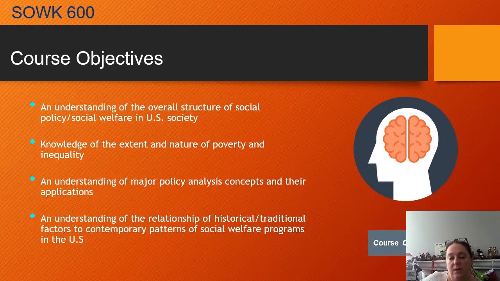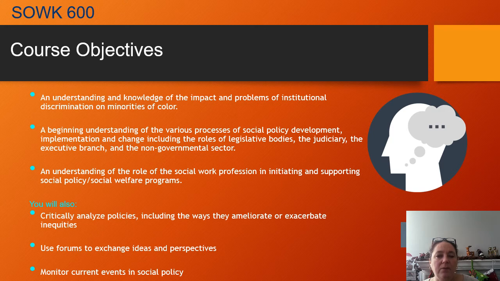And we're also going to want to get an understanding of the historical or traditional factors that played a part in creating our current social welfare programs. Again, like I mentioned, we'll get an understanding of the impact of the problems of institutional discrimination and racism on minorities and people of color.